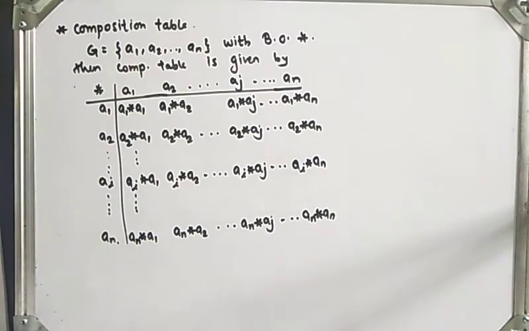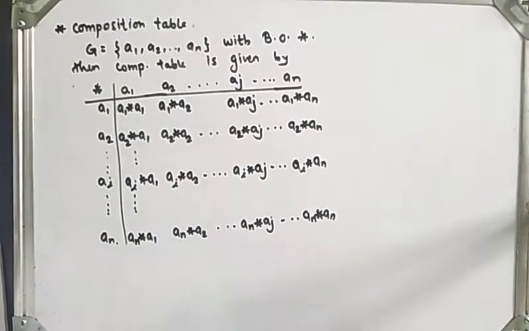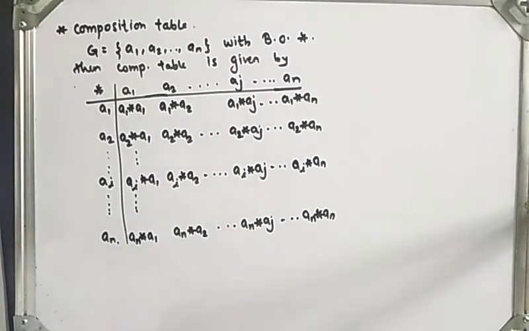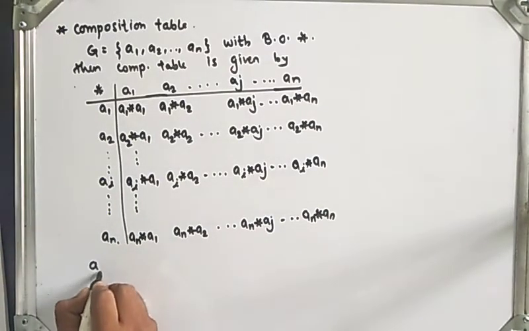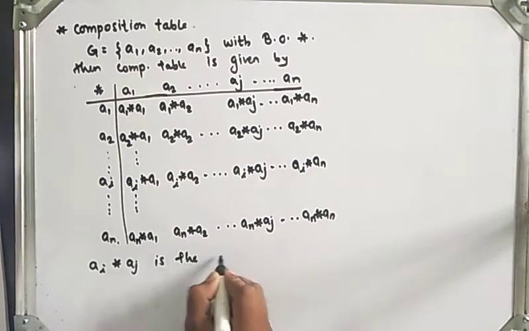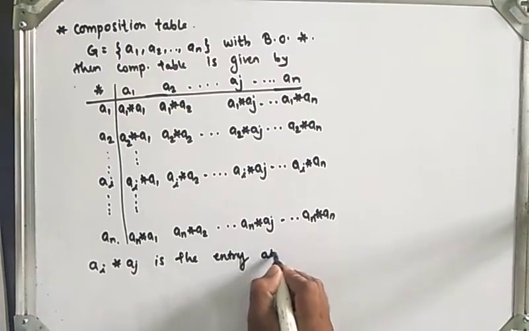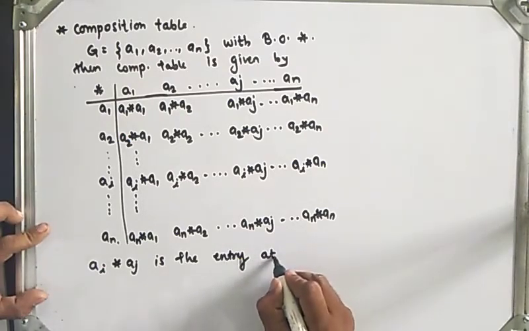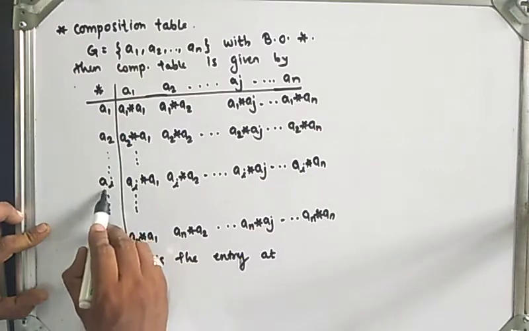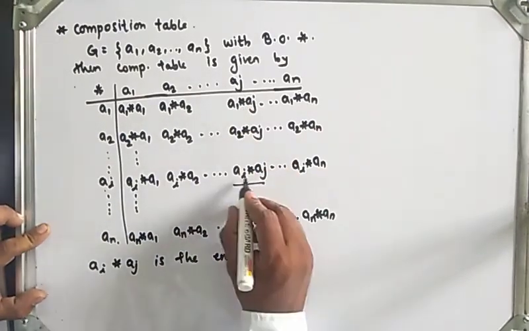Means the first row is the heading row and the first column is the heading column. So ai star aj is the entry at the intersection of the ith row and jth column. So here ai and here aj has entry ai star aj.